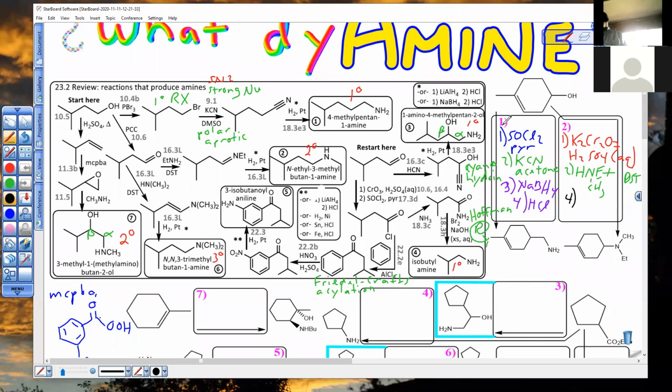So H2, Pt is a bad choice for either 1 or 2 here. We have to worry about other functional groups being reacted when we don't want them to. Oh, I skipped step 3. You're going to forgive me? All right, 1, 2, 4, 5. It's like a Monty Python sketch.